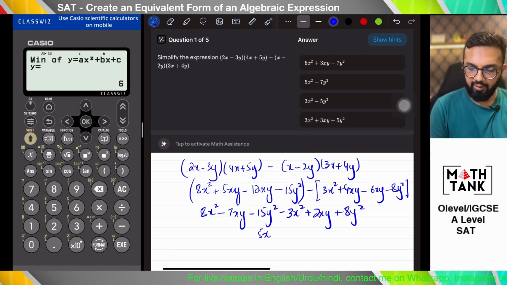Okay, so I get 5x squared minus 5xy minus 7y squared.